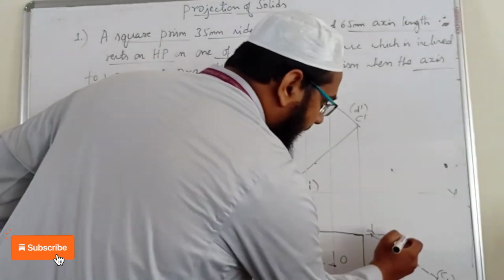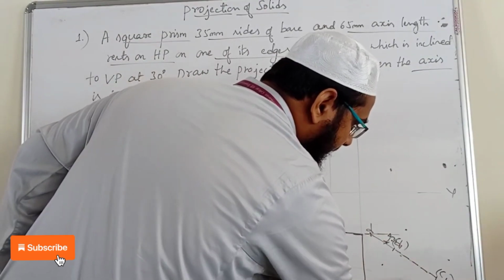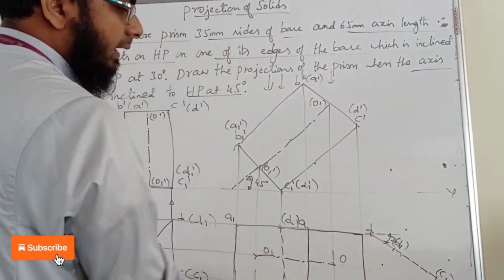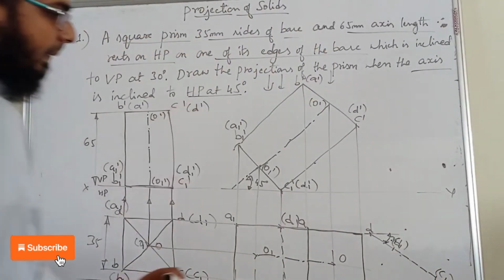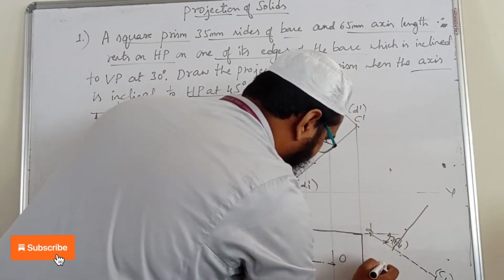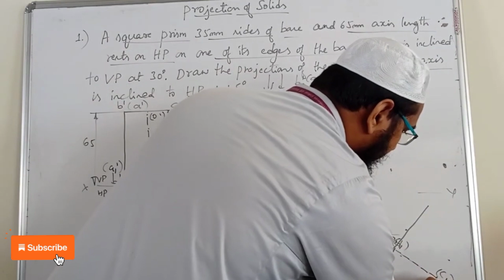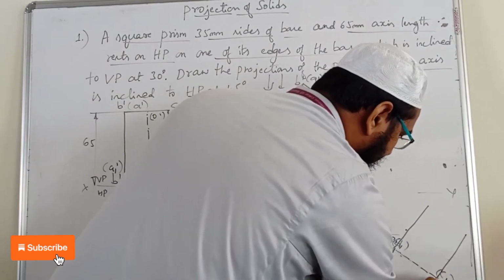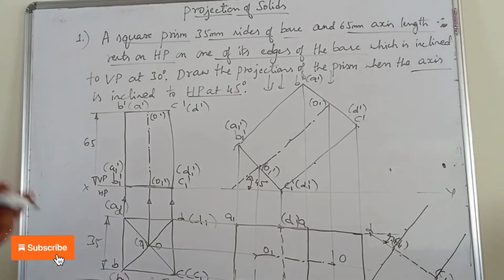Keep the protractor here, mark 90 degrees. Similarly, keep the protractor here, mark 90 degrees. After that, we draw a straight line here.